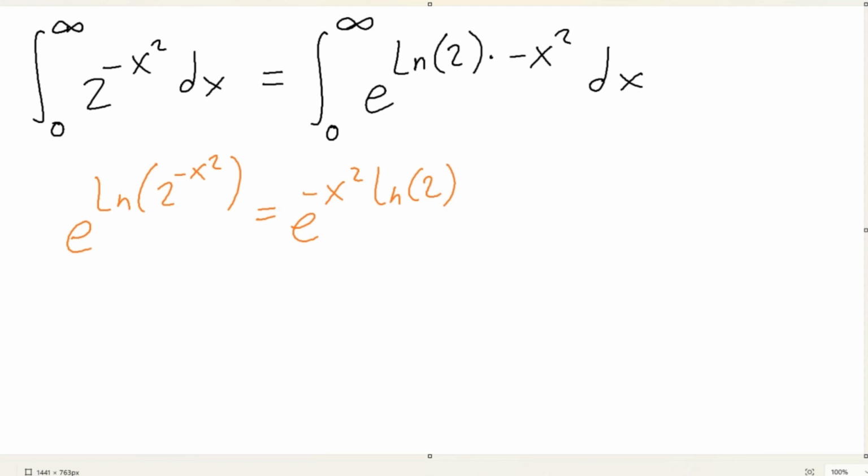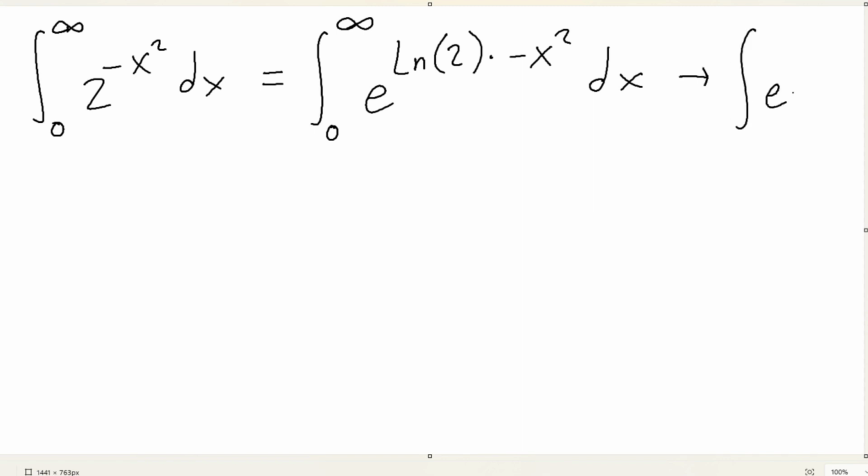Now that we have this, you can see that we still need to put it in terms of this in the u form. But what should u equal? We let u equal x times the square root of ln of 2.